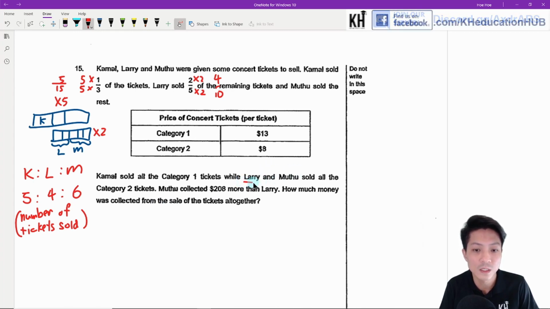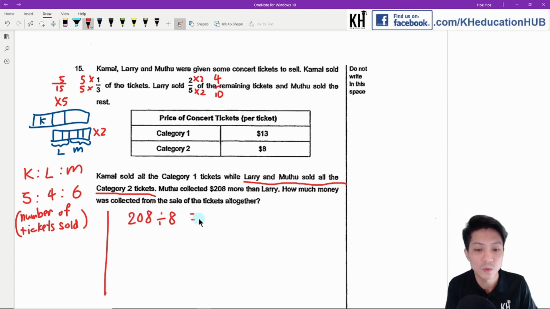Okay, so the next thing is we need to find. Larry and Mutu sold all the category 2 tickets, right? So Mutu collected $208 more than Larry. Okay, so the next step I am going to find out how many more tickets did Mutu sell?